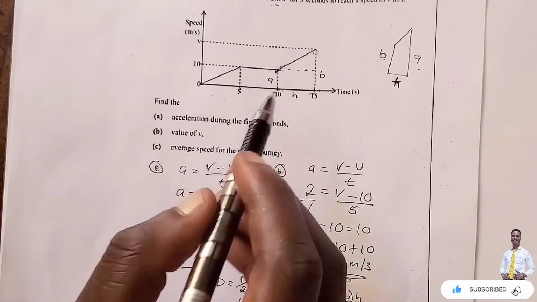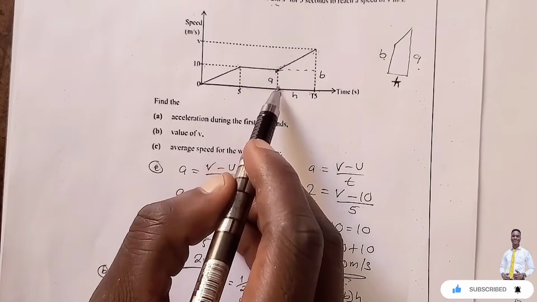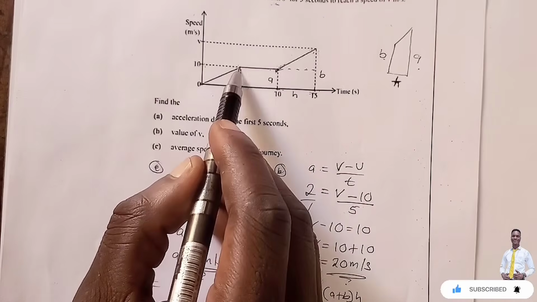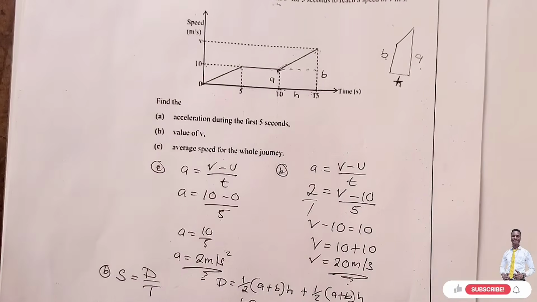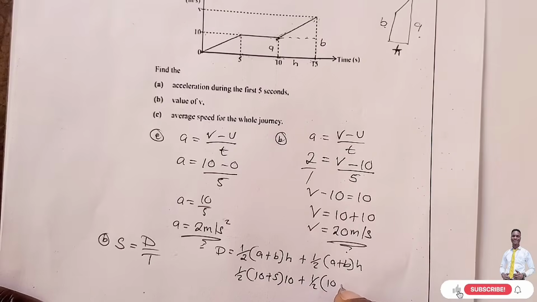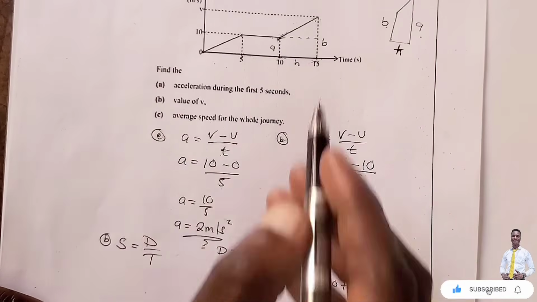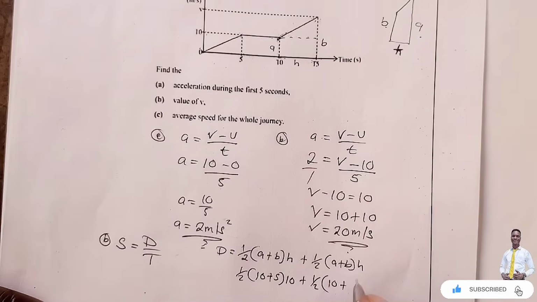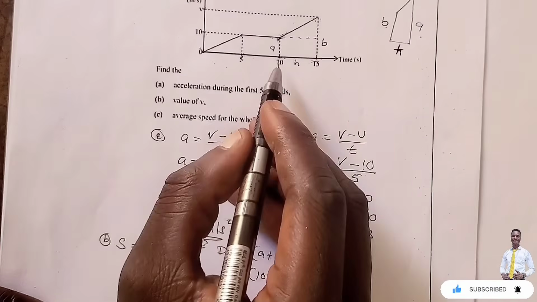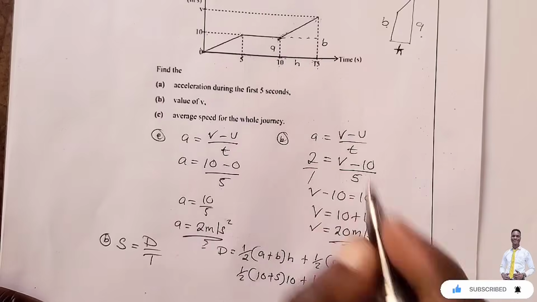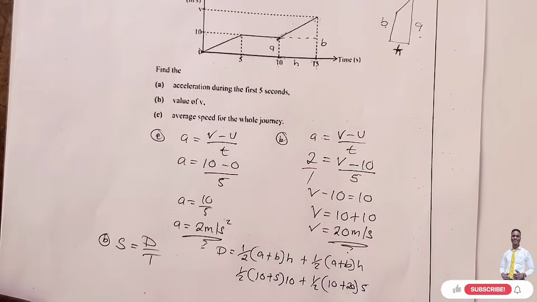Are we together? So if I were to get this one as our A, we're going to get 0 to 10, which is just 10. Plus our B, 0 to 20, to get 20. What is our height? Our H, 10 to 15 is 5. Are we together?